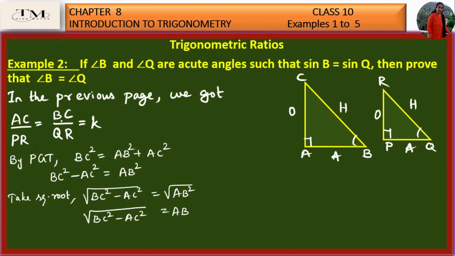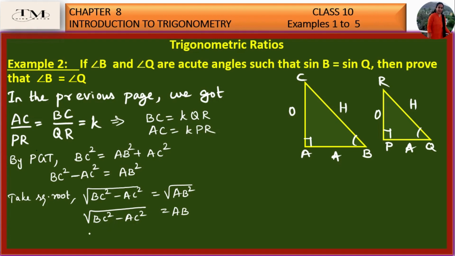Now what is BC? BC is nothing but K into QR. From this, BC is equal to, when we bring this QR to the other side, the denominator will go to the numerator, so K into QR. In the same way, AC will be equal to, this PR will go to the numerator, so we get K into PR.